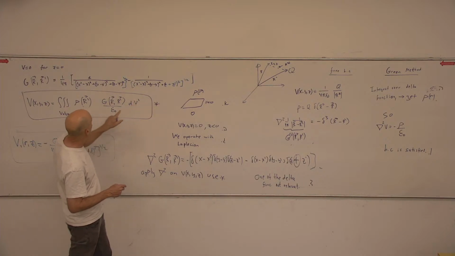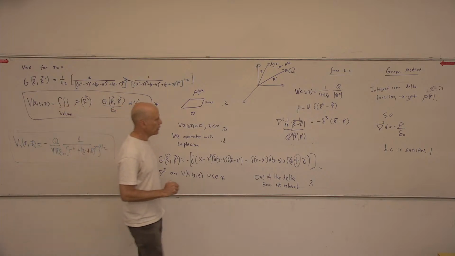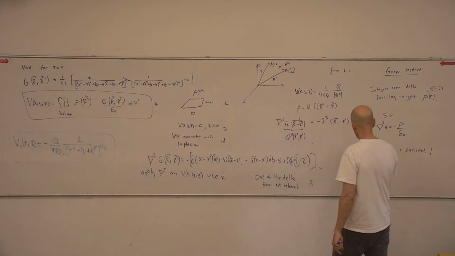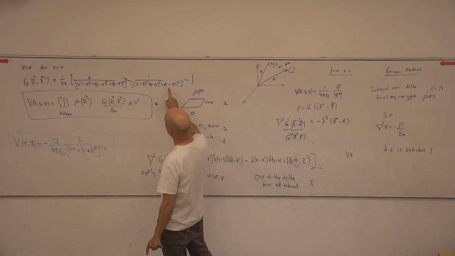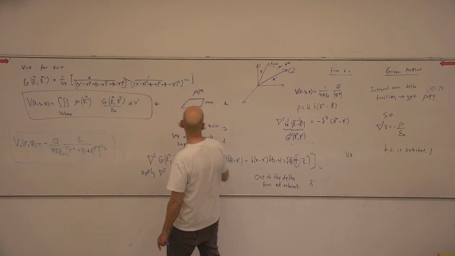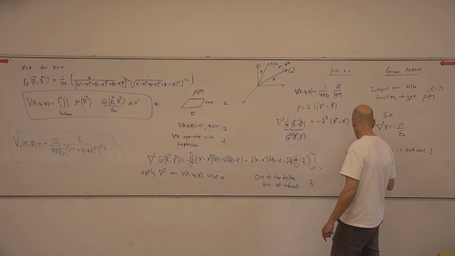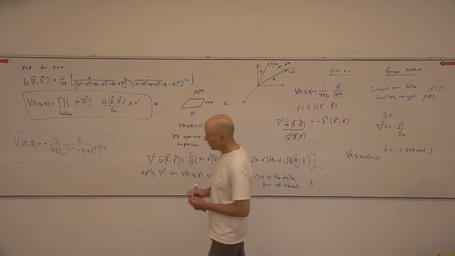This will give you 0 here, and then V of x, y, z is going to be 0 on the boundary. Sorry, that is for z equals 0 here. When z is equal to 0, this guy and this guy are the same. V of x, y, 0 is equal to 0. It's again easy to check. So this is the solution.